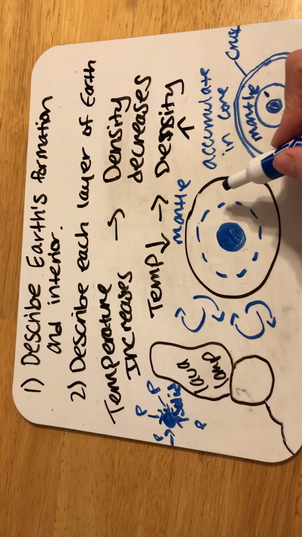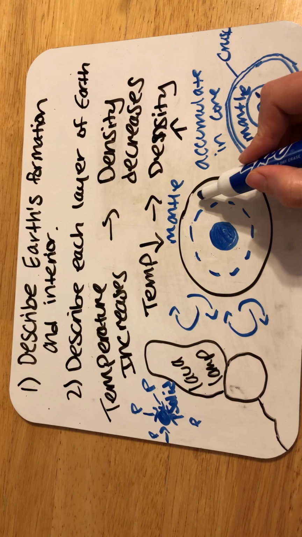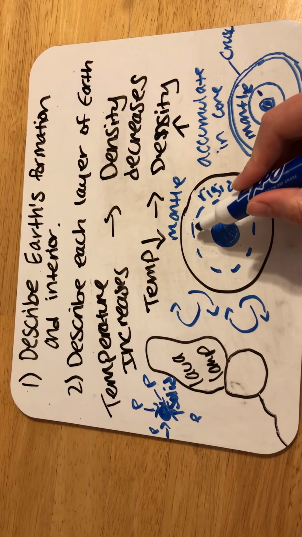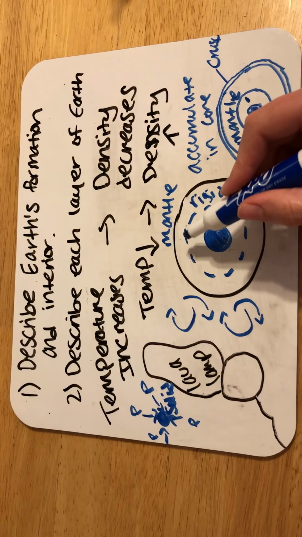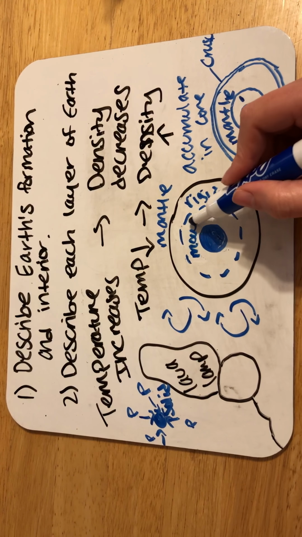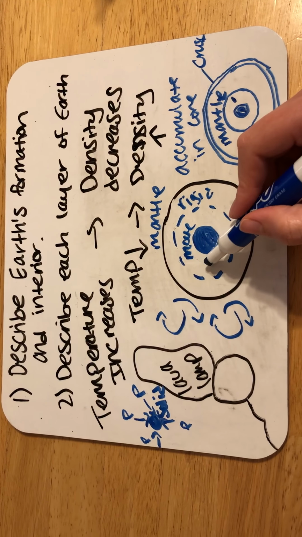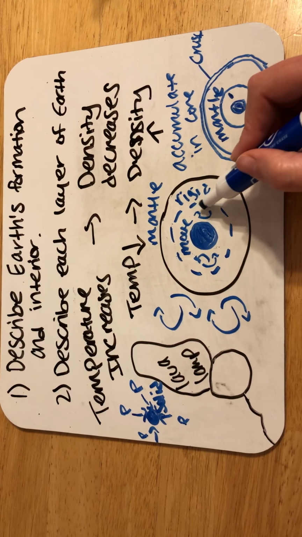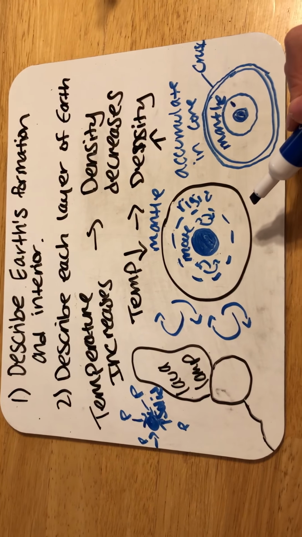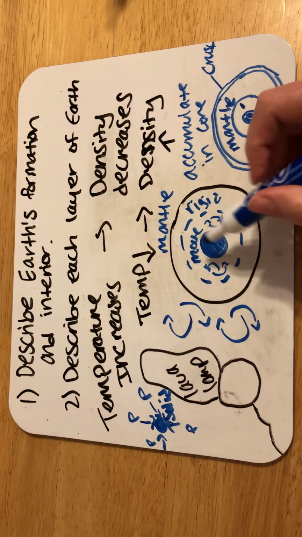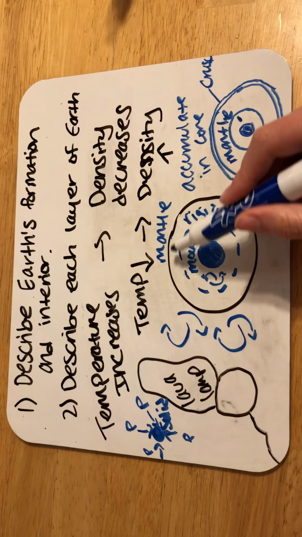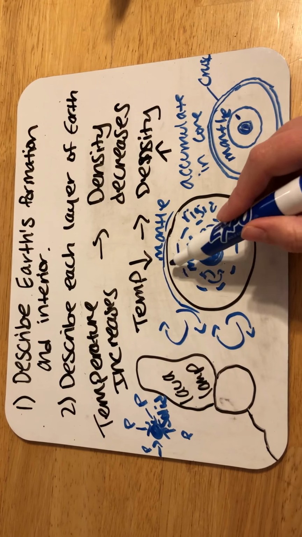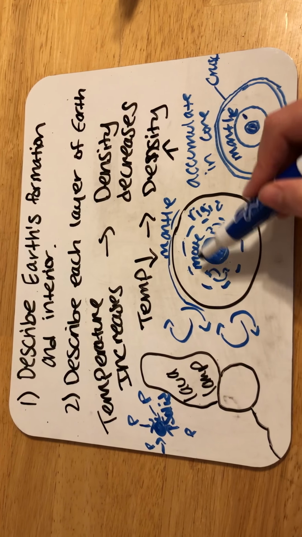And the upper mantle is rigid, and the lower mantle is able to move. So our lower mantle actually can convect even though it's still a solid. It's under enough pressure and high enough temperature that it can move. And this rigid upper part, including the crust, is moved by these convective cells.